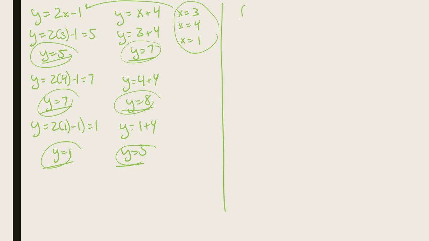If I use function notation and I call my first function f of x equals 2x minus 1, and I call my other function g of x. So normally we start with f of x for our first choice, g of x for our second, and then we could use h of x or other things as well. So g of x is going to be my x plus 4 equation.